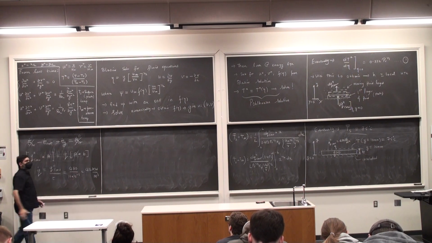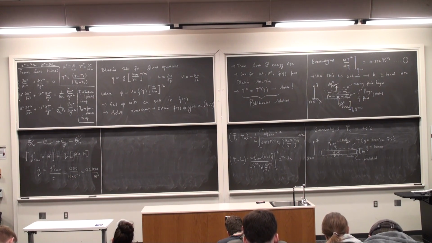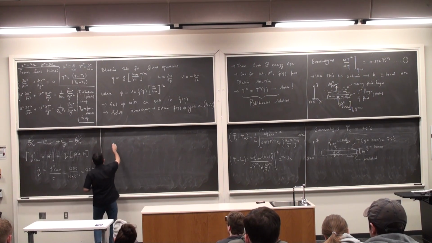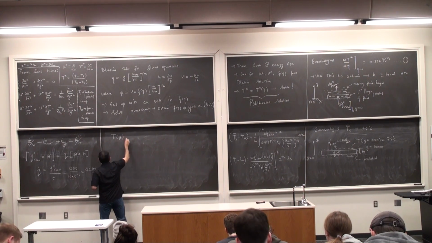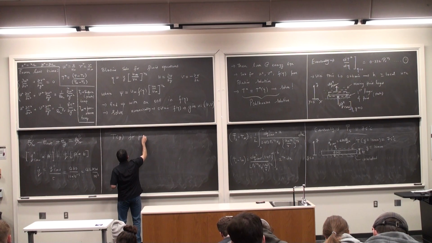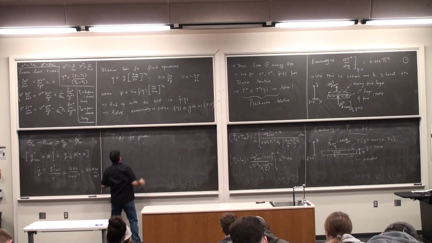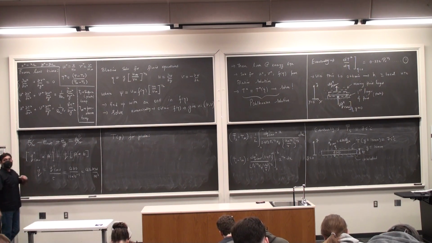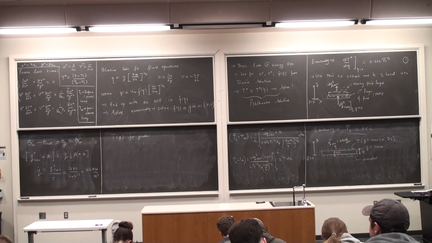I'm just going to write out the steps. I need to calculate the temperature distribution through the thickness of the plate. What do you do? You bring in your good old heat diffusion equation.